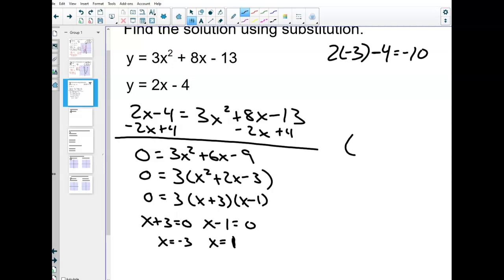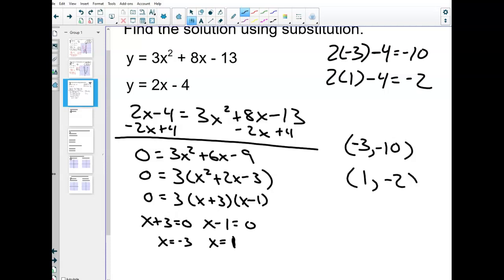That means my answer is going to be negative 3, negative 10. My other x is 1. 2 times 1 minus 4, that equals a negative 2. Okay? So that means 1, negative 2 is my other answer.